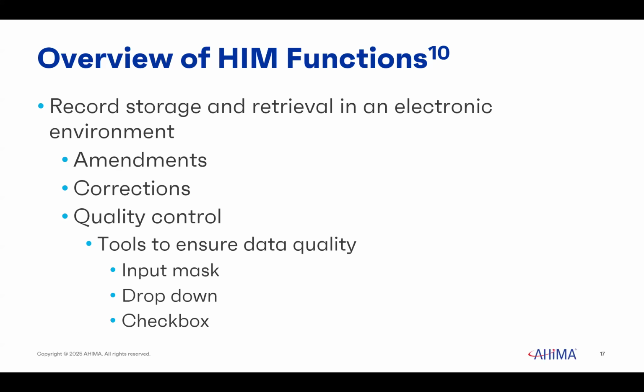Now, with electronic health records, it will put in what an addendum is. And of course, we have different tools to ensure data quality. We have input masks, drop-down menus that limit the choices that people can put in a text field, and so on.